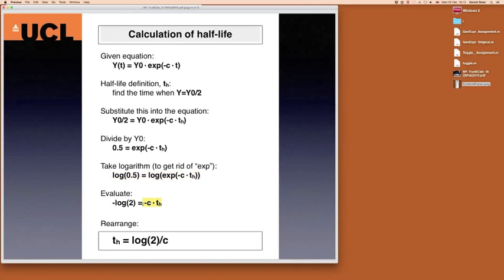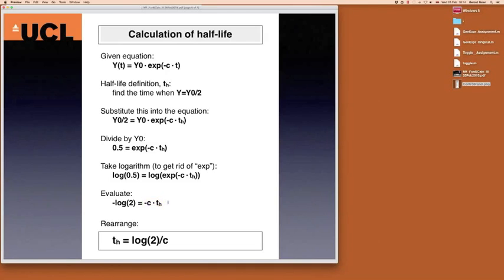So we end up on the right-hand side with a simplified expression, which is minus c times t_h. And on the left-hand side, we have the negative logarithm of 2, which is the same as the logarithm of 0.5. If you want to know more about features of logarithms and exponents, they are all covered very explicitly in the mathematical appendix to this session.